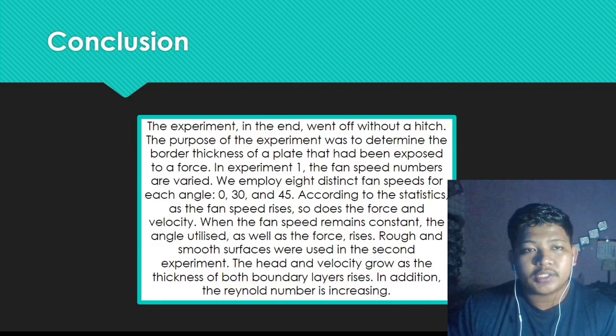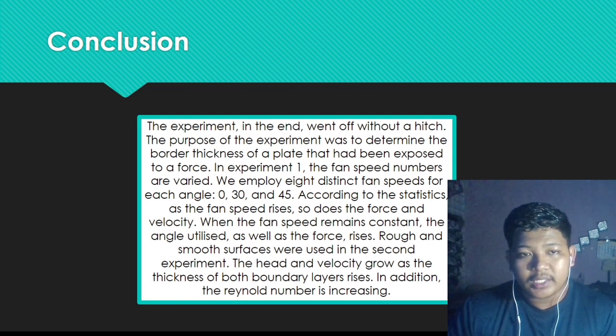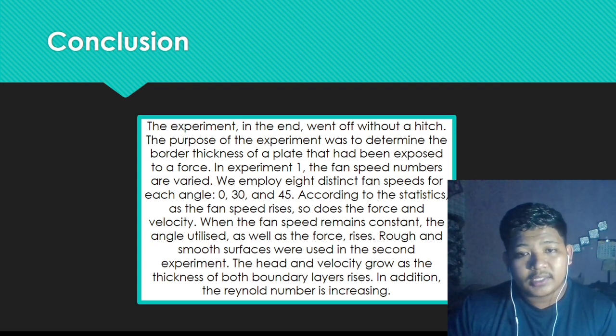For the conclusion, the experiment in the end went off without a hitch. The purpose of the experiment was to determine the boundary layer thickness of a plate that had been exposed to a force. In experiment 1, the fan speed numbers are varied. We employ 8 distinct fan speeds for each angle, which is 0, 30, and 45 degrees.